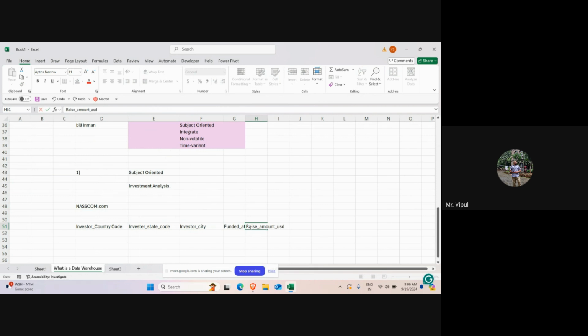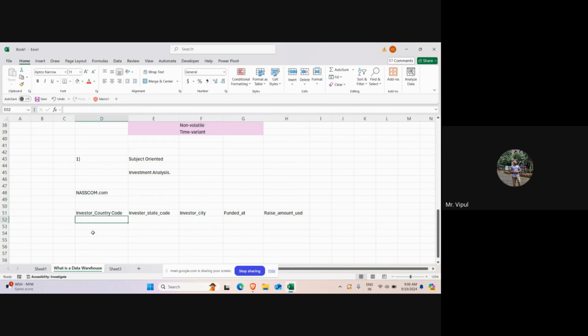It does not make any sense to add investor city details, investor company address, or total number of company employees, something like that. For an example, I can have these country codes: Hong Kong, USA. Investor state code, I do have state code.